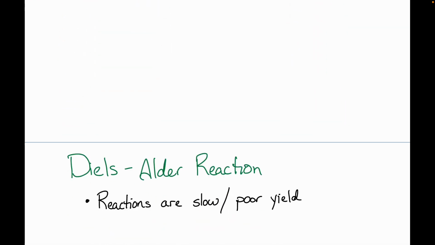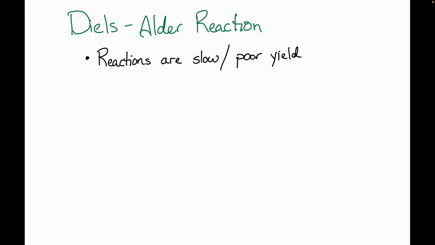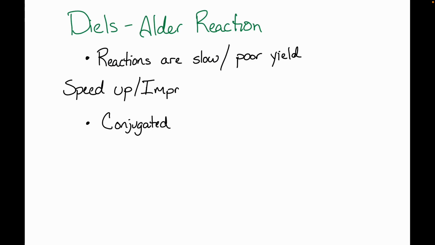All right, but we can make these reactions much more efficient by choosing a conjugated diene and a dienophile that contains specific features. So our conjugated diene: let's just say it speeds up the reaction if our conjugated diene contains an electron donating group.